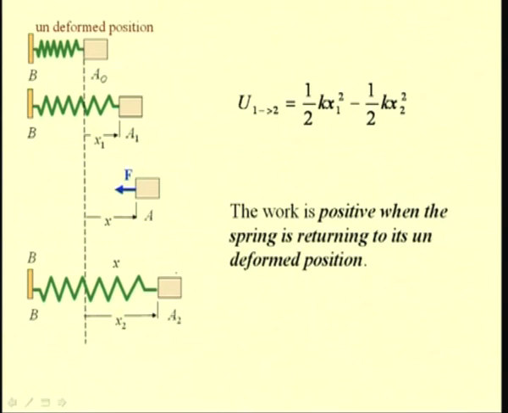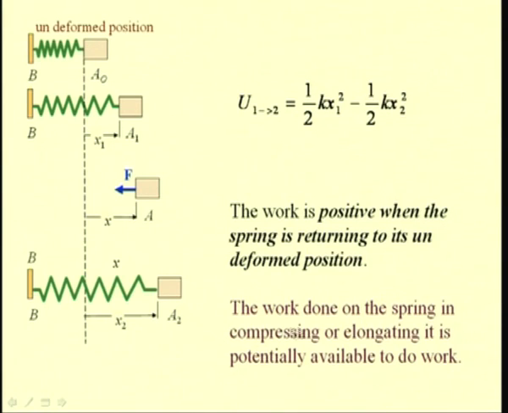But when the body is returning to its mean position, that is from A2 to A1, then we have the work as positive, or the spring force is doing the work. That means that work is potentially available to do the work.